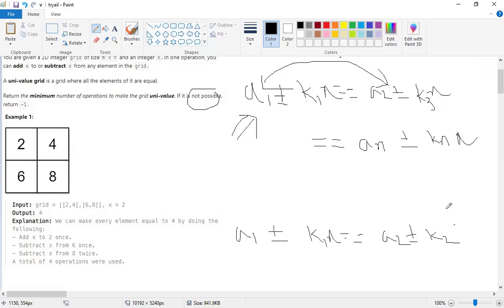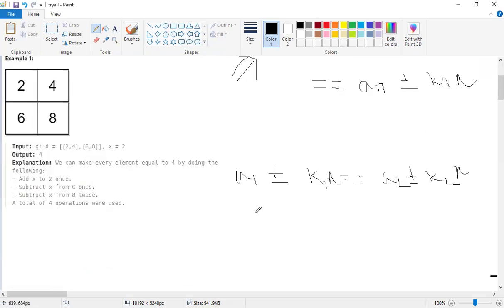If this is equal, we can take A2 to this side, so A1 minus A2 should be equal to, and when we take this K1 it will merge with this K2 and form one whole constant, let's call it capital K, times some X.